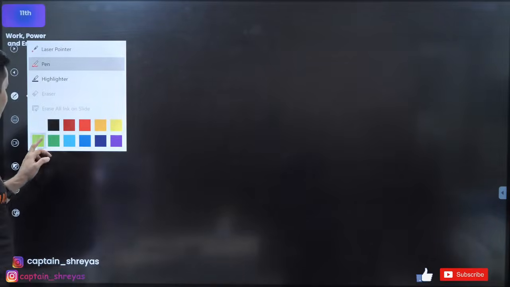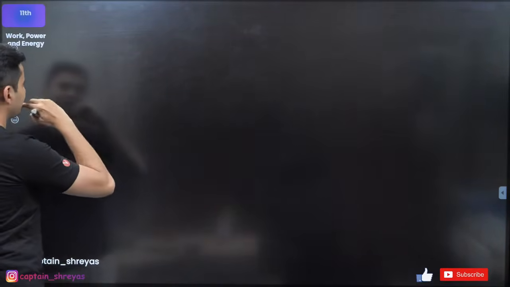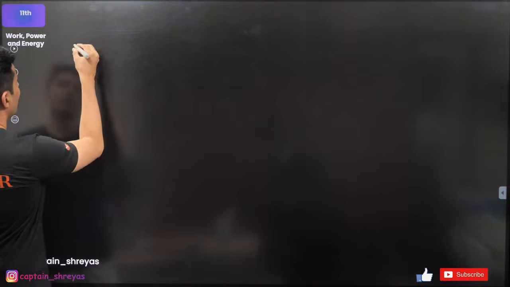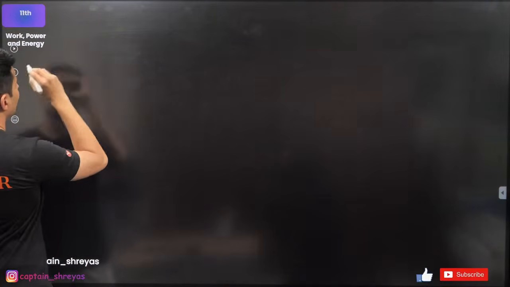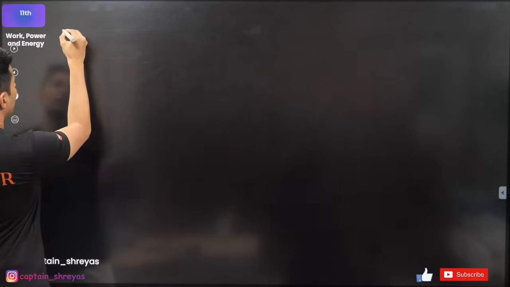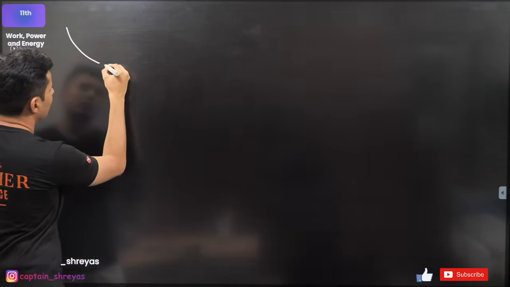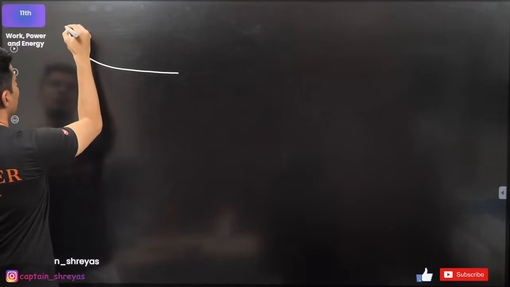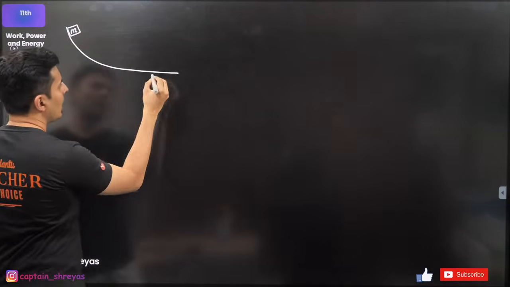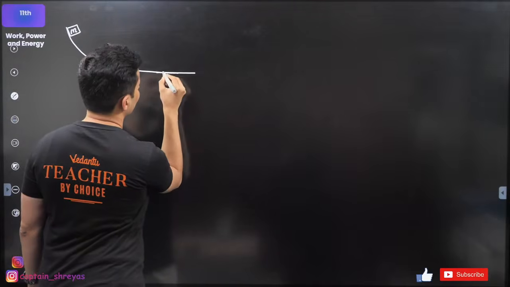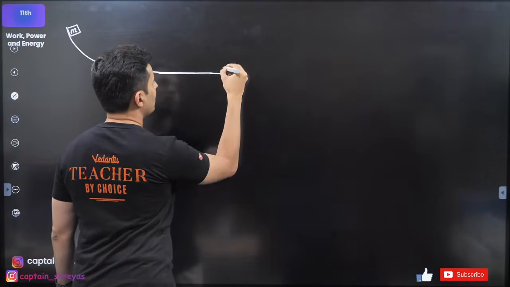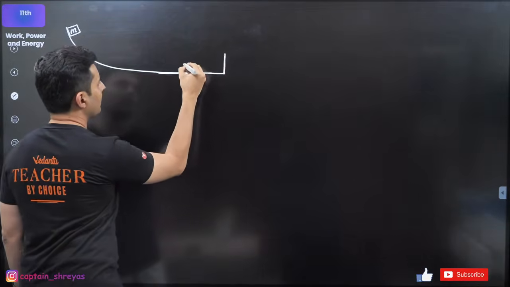Let's see one of those kinds also. Just imagine this: you have this kind of a track, there is this mass M over here, and over here there is a spring.